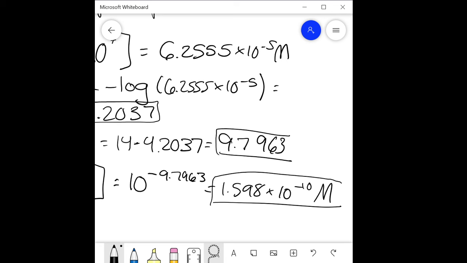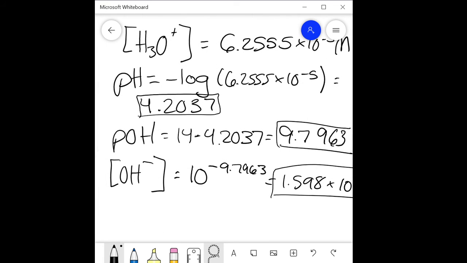Now, if you start by finding this first and then did the pOH, your sig figs will be different. That's fine. As long as you show your work, your teacher should know what you did.